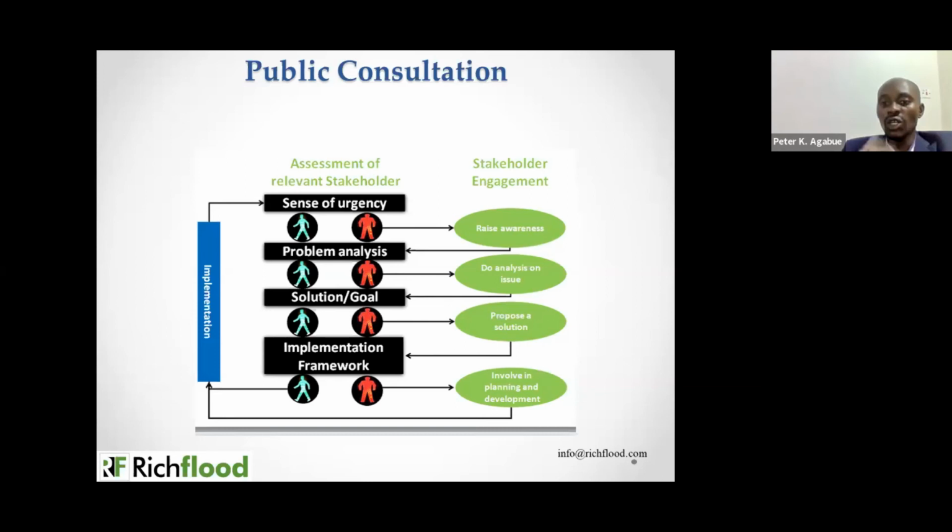And of course, in line with best practice for social impact assessment and procedure, and as a result of procedure in Nigeria and the World Bank, public consultation is a major driver of these social safeguard assignments.